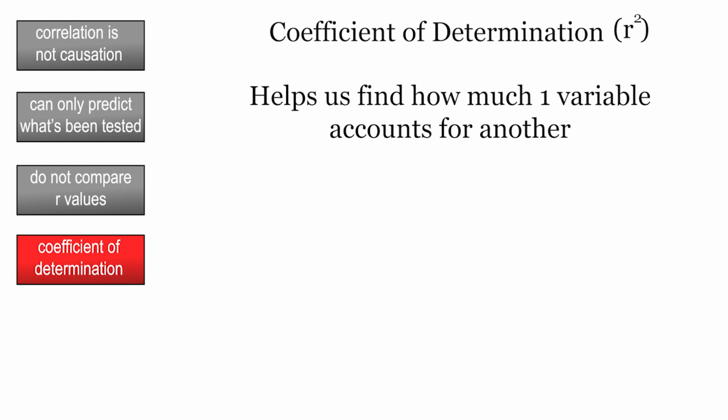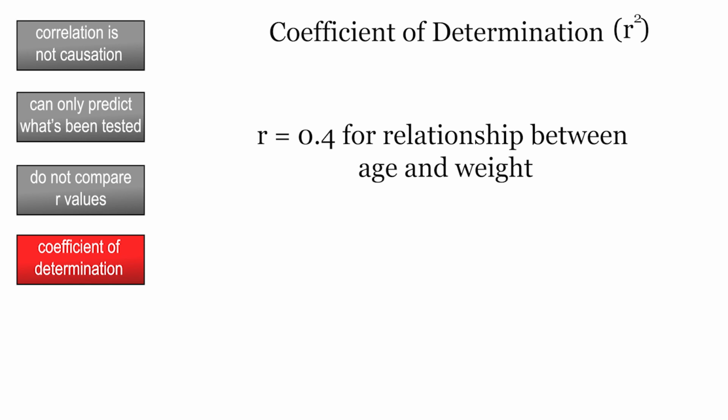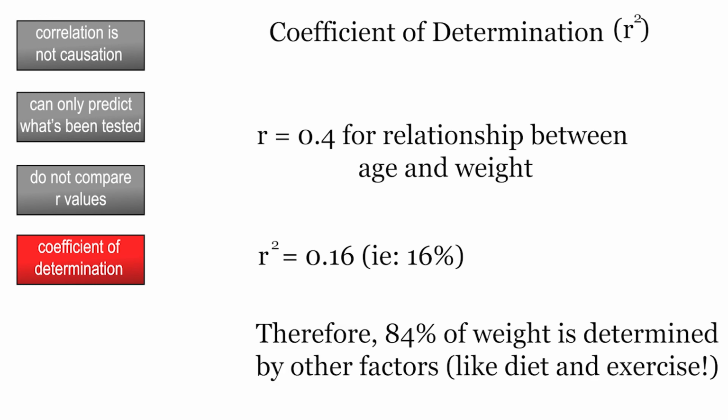For example, if a study we conduct provides a rho of 0.4 for the relationship between age and weight, so as age goes up, weight tends to go up as well, then if we square that value, we can see that age actually accounts for only about 16% of a patient's weight, meaning that nearly 84% of someone's weight is accounted for by things other than age, like diet and exercise. Which is great because now we can tell our patients that changing their diet and exercise will help to improve their weight even as they age.